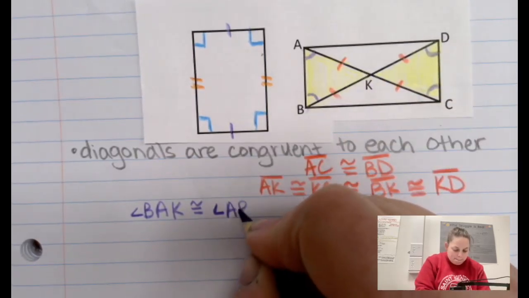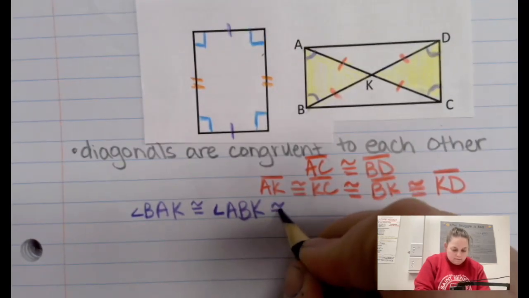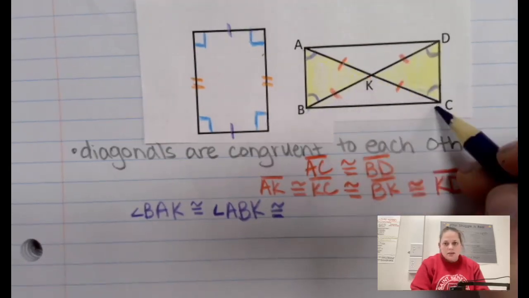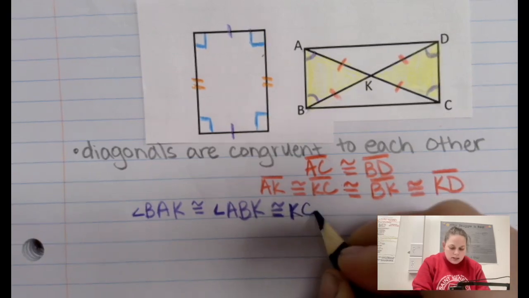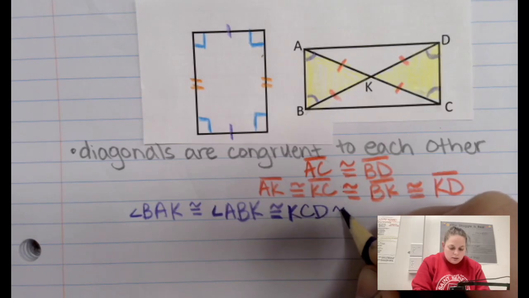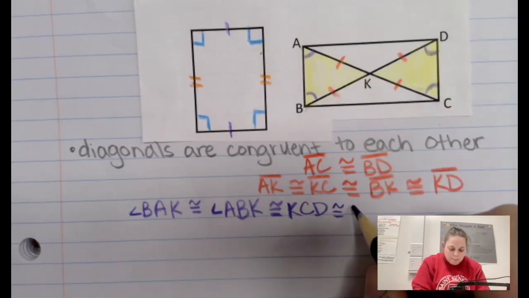So ABK, which is congruent to, now moving over here, I can do KCD. Start at K, go to C, up to D, KCD, and I could do CDK.